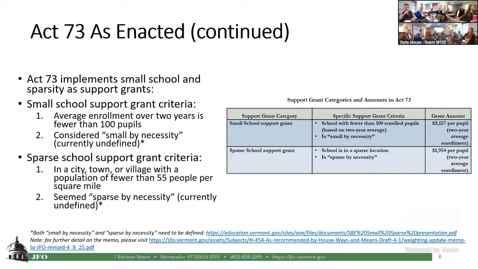So if you had a district that fell into the categories of X number of people per square mile, then regardless of if there was a city in the middle of that sparse district, the students in that city would too receive a sparsity weight. This was a policy decision to narrow the definition of sparsity to the students that are in a school that is deemed sparse based off of these two criteria.